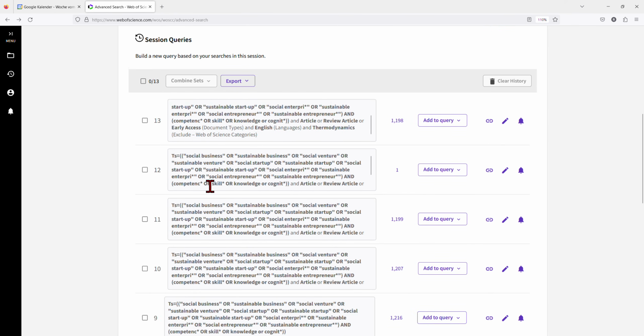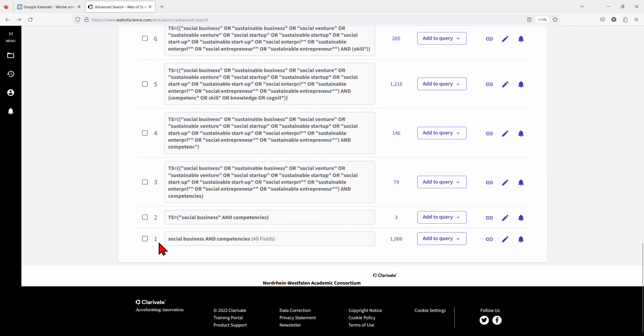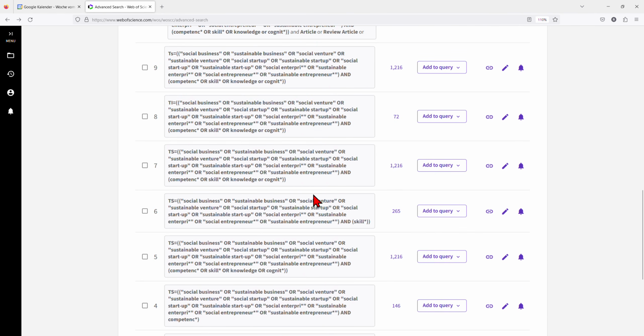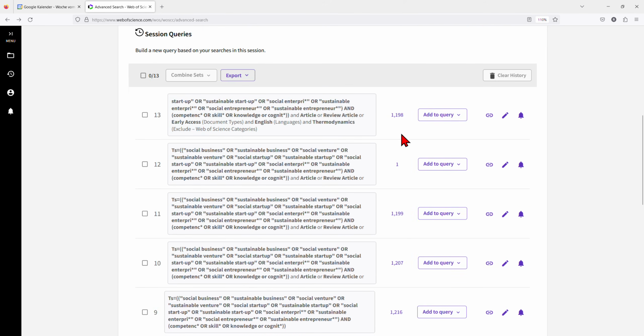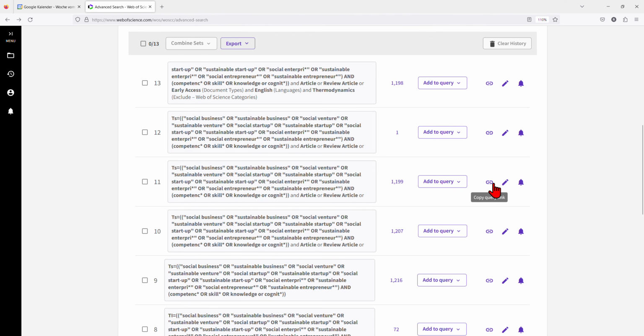And then you see your history of searches. I started at the very bottom with social business and competencies, and I somehow refined it, and you can see how the hits developed over time. You have the links to the queries, and you can change them, and you can also create an alert.